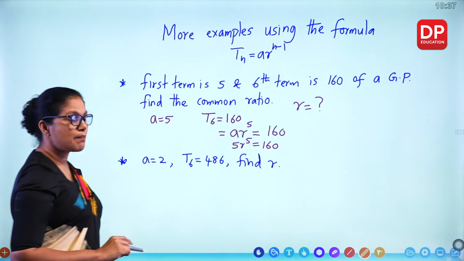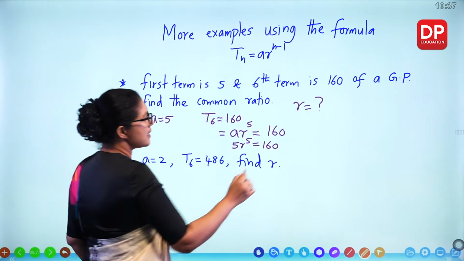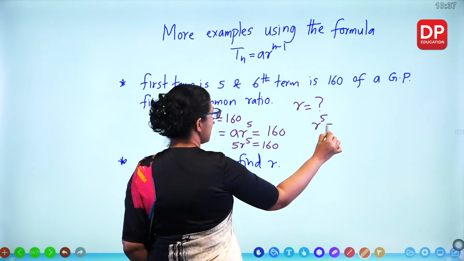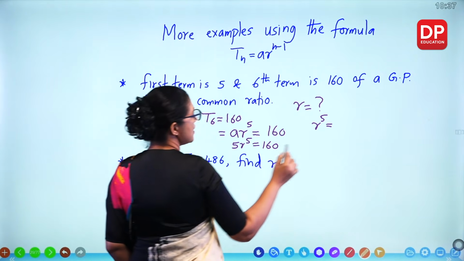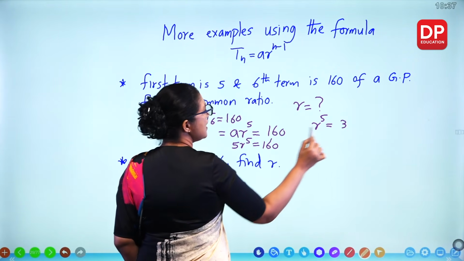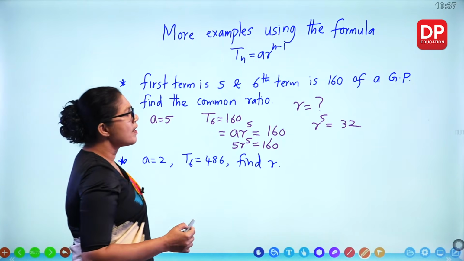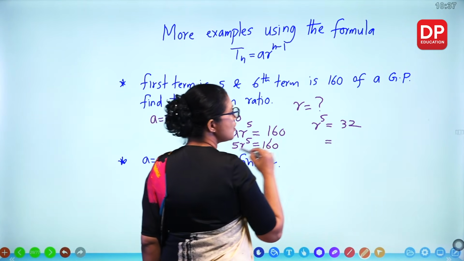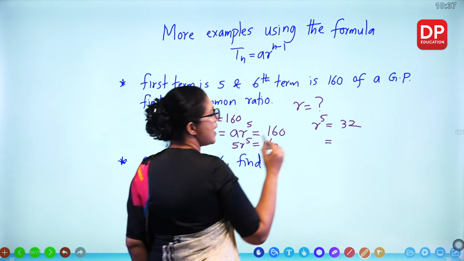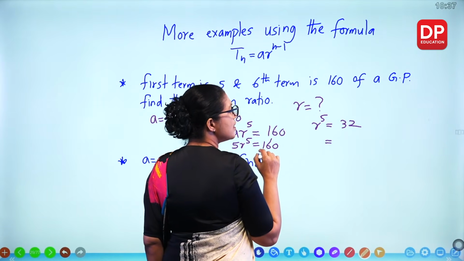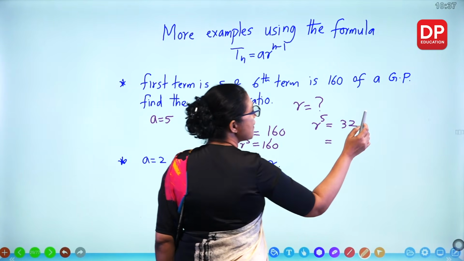When you divide this by 5, you get R to the power 5 is 32. How can we write 32 as a power of 5? Any number to the power 5? 2 to the power 5.